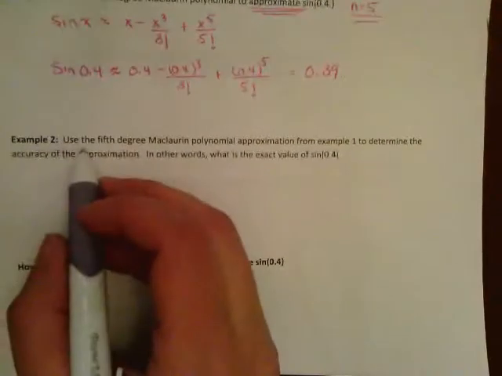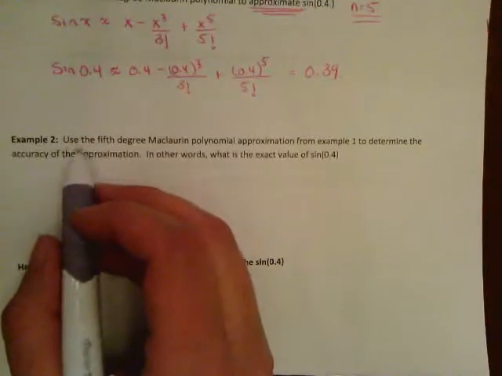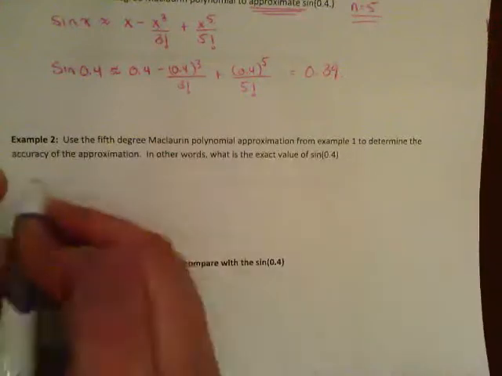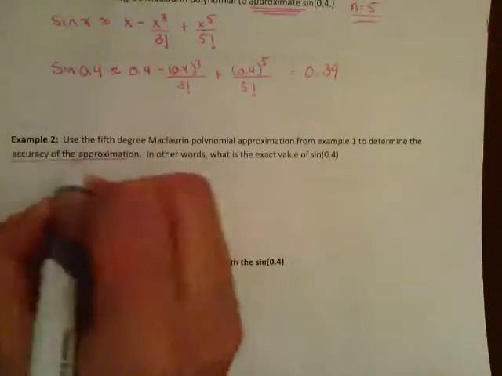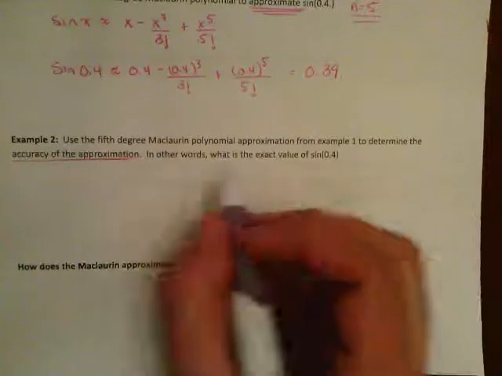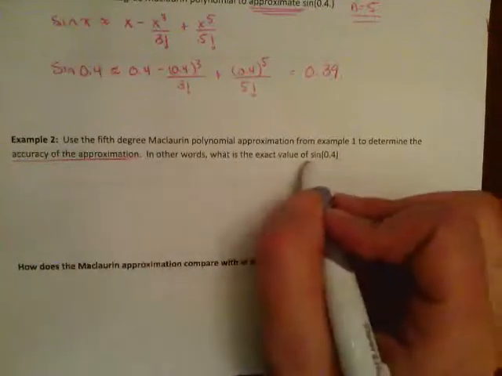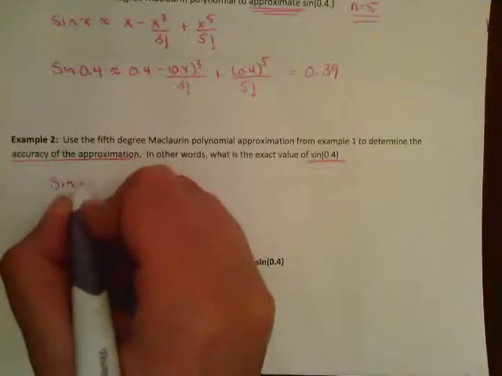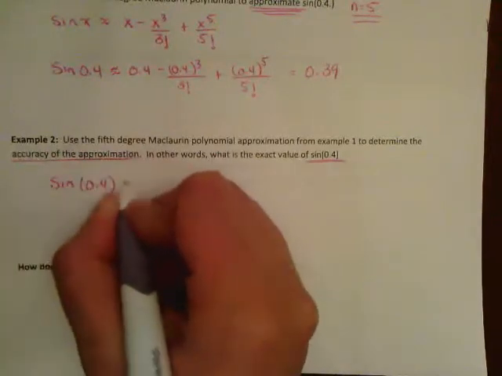So example 2 follows this exact same thing. Use the fifth degree Maclaurin polynomial approximation from example 1 to determine the accuracy of the approximation. In other words, what is the exact value of sine of 0.4? Let's use the tool that we have, which is our calculator for now.